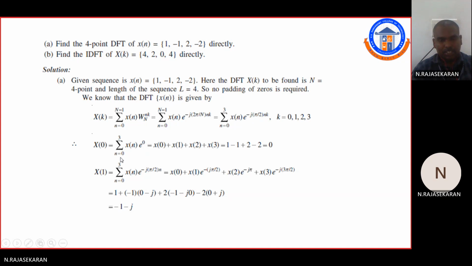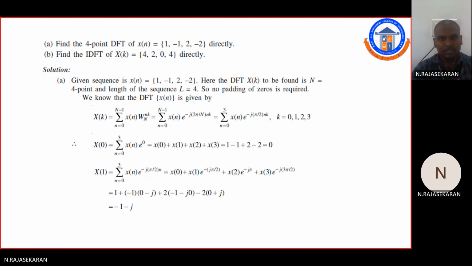Now you substitute the summation values into the inner term of the function: x of 0 plus x of 1 plus x of 2 plus x of 3. We have to take these x of 0, 1, 2, 3 values from the given function.